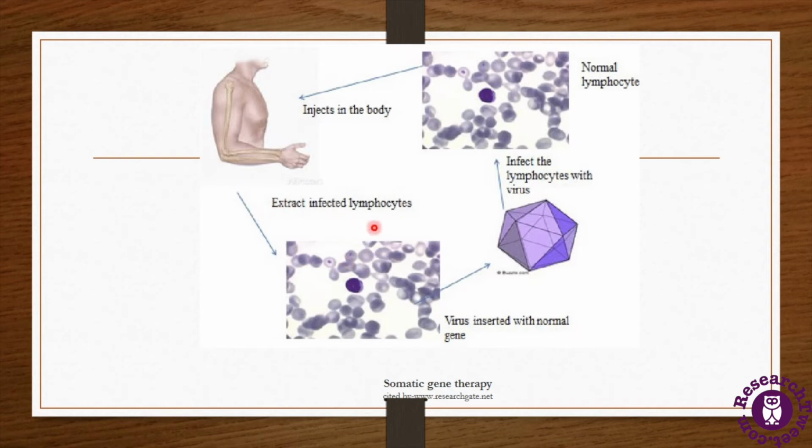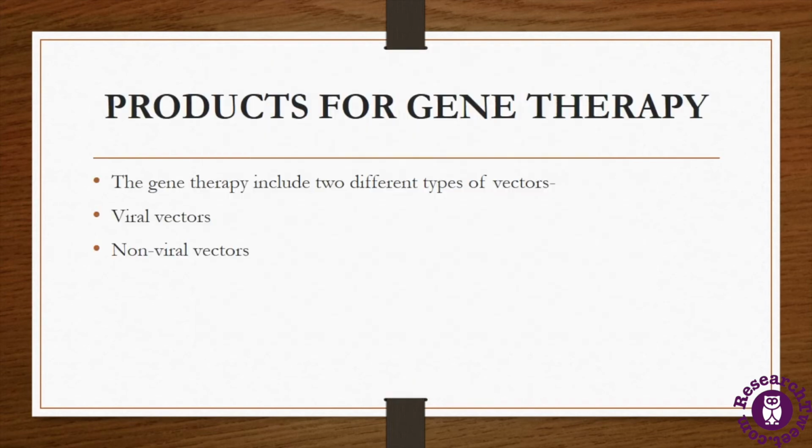These infected lymphocytes are removed from the body and a virus inserted with a normal gene infects the lymphocytes, and then the normal lymphocytes are injected back into the body. So it needs a vector. In this condition, the virus is acting as a vector for this patient.